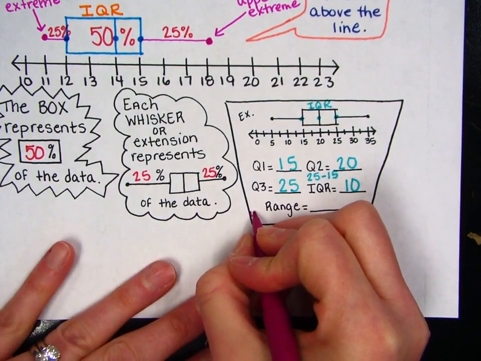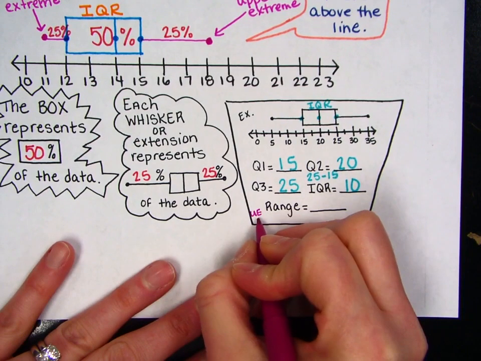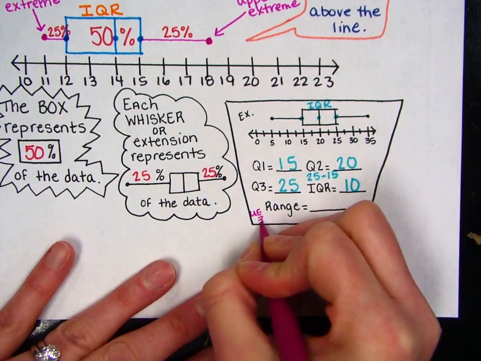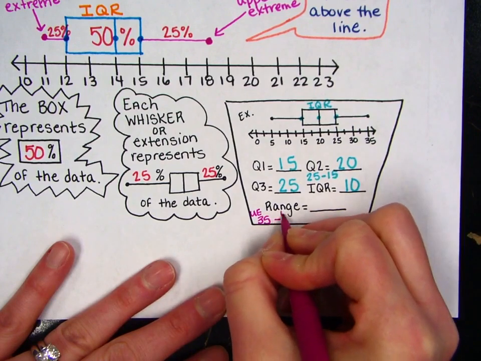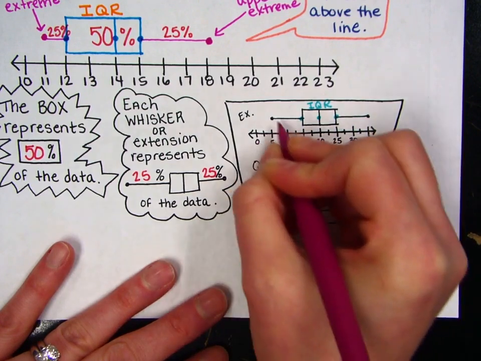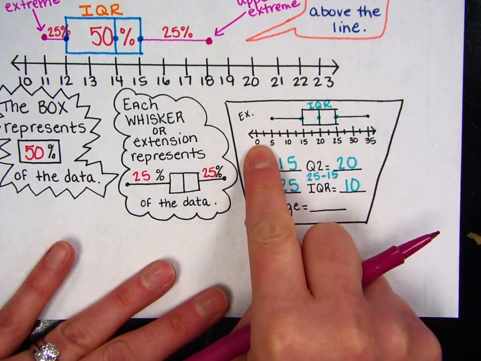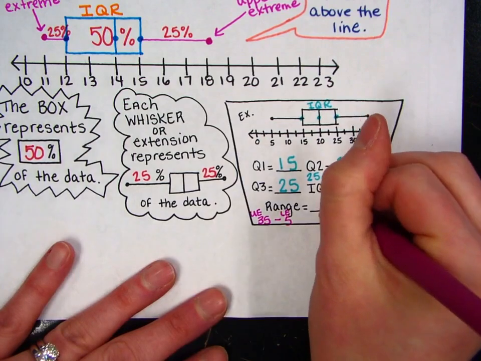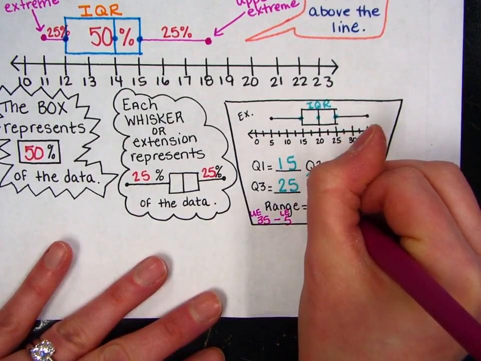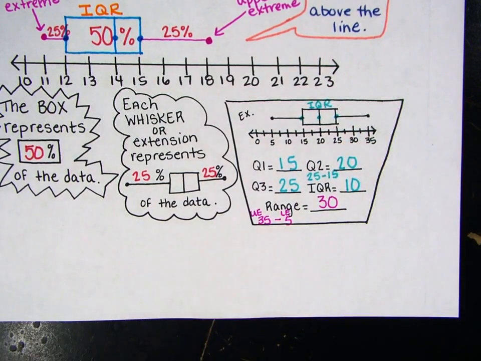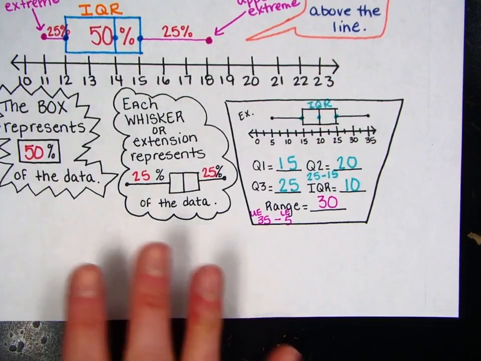I might even say, hey, the UE for upper extreme, which is what, 35? And I subtract the lower extreme, which is 5. Don't mess up and put the lowest number on your number line. That's a very common error. And the difference here is 30. And there you have it. That is your box plot.